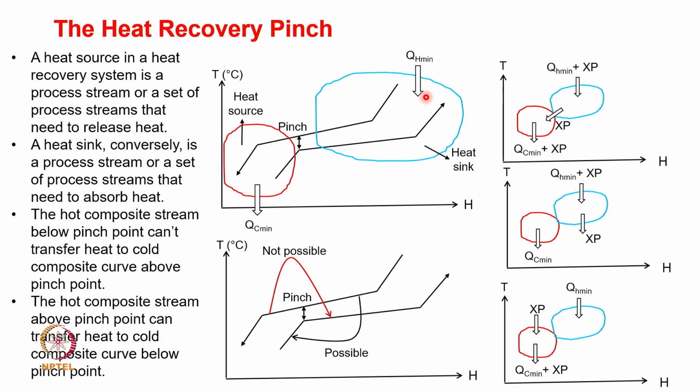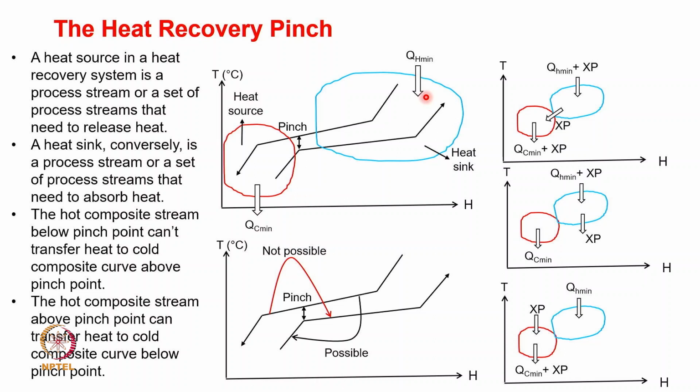Okay. So, what is a heat source? A heat source is a heat recovery system, or a set of process streams, that needs to release heat, and a heat sink, as we saw here, is conversely a process stream or a set of process streams that need to absorb heat.